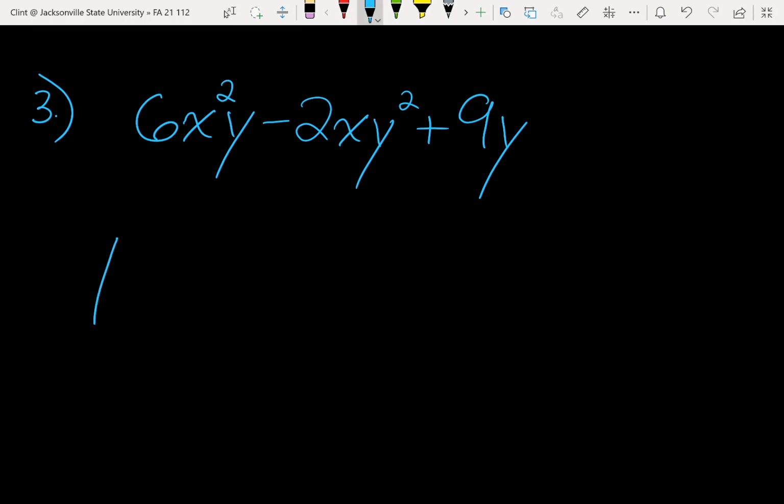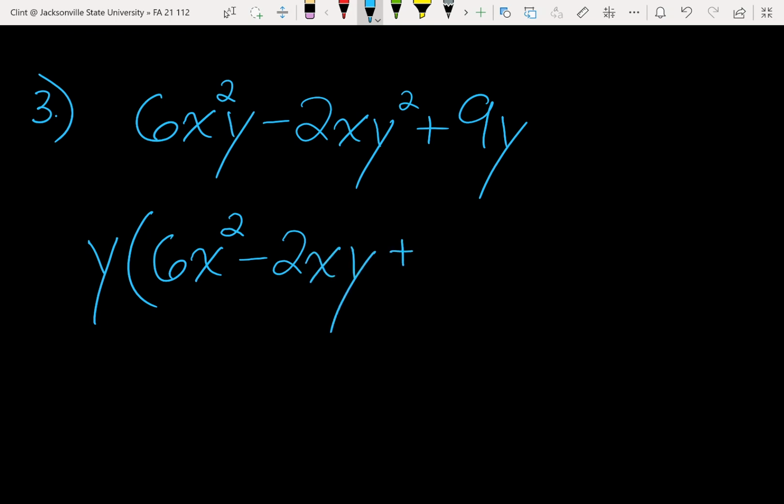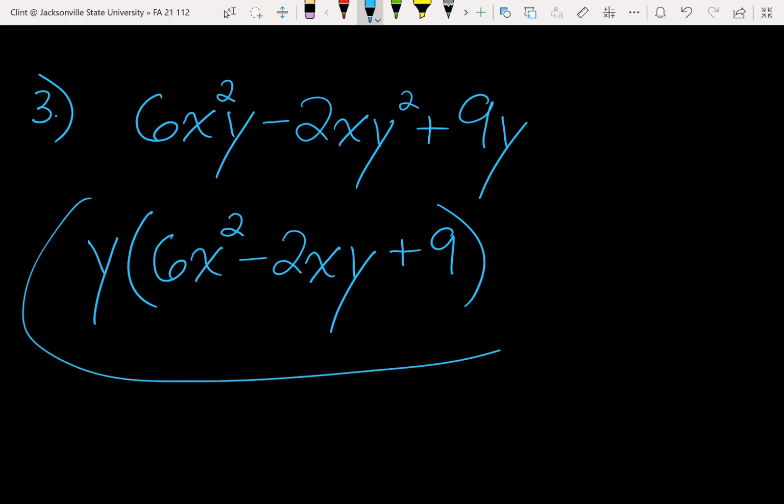And that's it. If we factor that out, that leaves us with 6x squared minus 2xy. We took 1, we're left with 1, and then plus 9. That's it on that one. That's the answer. It said factor out the greatest common factor, so that's all we had in common.